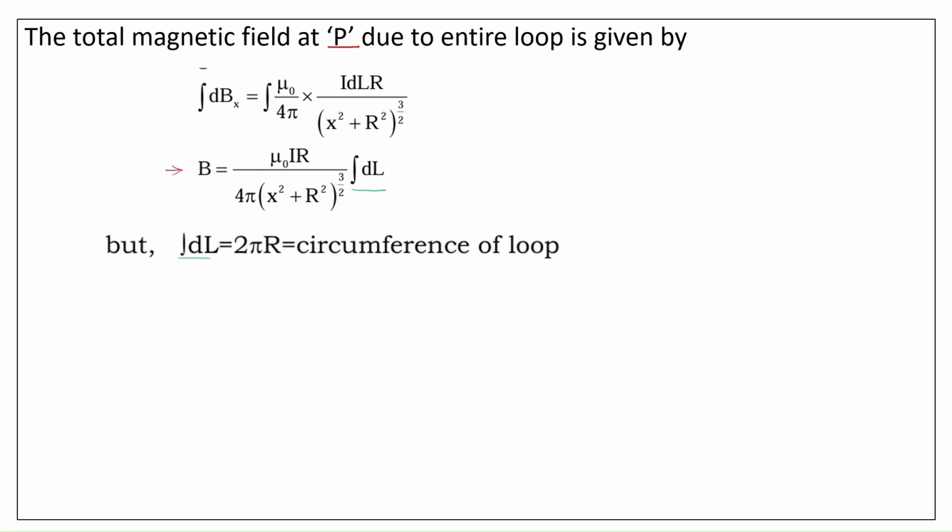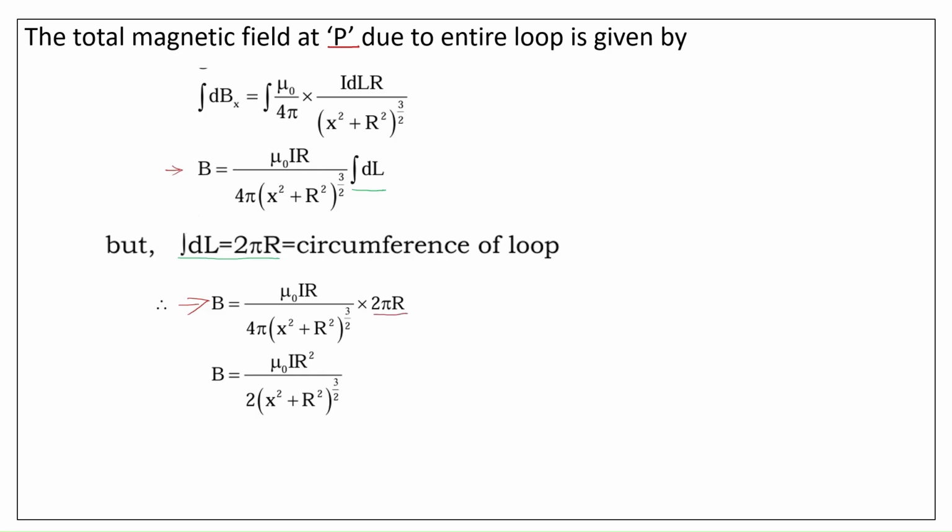But integration of dl is equal to 2 pi r, that is the circumference of the loop. Therefore, B is equal to mu naught I r by 4 pi into bracket x square plus r square to the power 3 by 2 into 2 pi r.